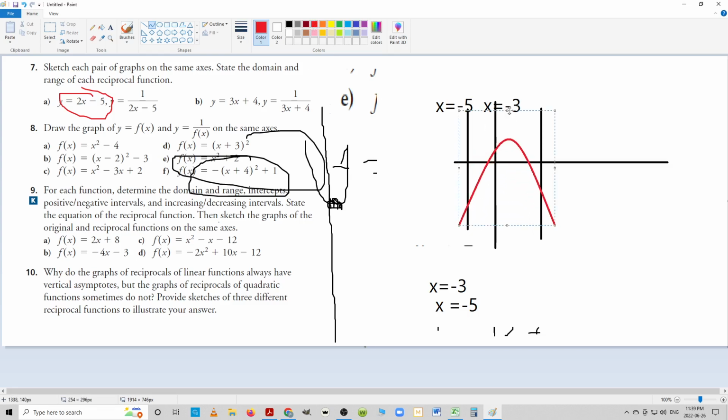Now let's put it in the right spot like that, and goes through the x-intercepts there. You are going to have a positive in this zone. So you're going to have a drawing that looks like this in this zone. And in these zones, you're going to have things that hug like that.